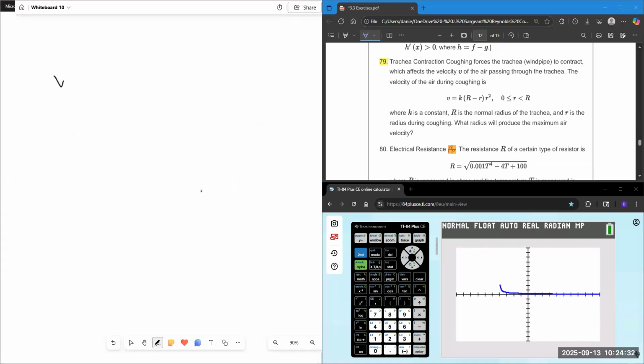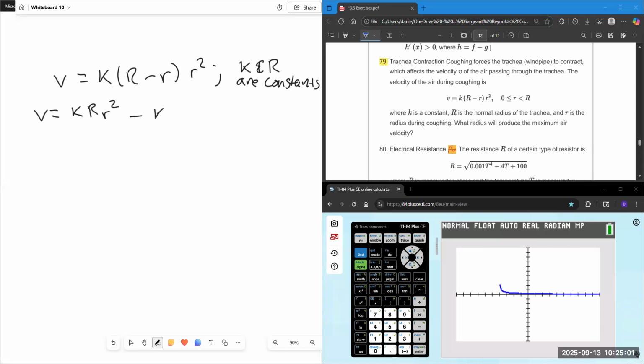So we have the equation v equals k times R minus lowercase r times r squared. K and capital R are constants. So I'm going to multiply through here and say that this is k, capital R, lowercase r squared, minus k, lowercase r cubed.